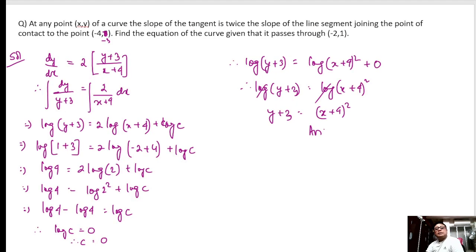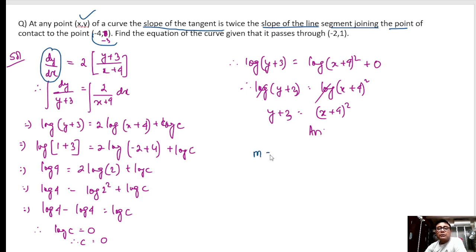So friends, let's see the next sum. At any point of the curve, the slope of the tangent, that is dy by dx, is twice the slope of the line joining the points this and this. So what is the slope of any 2 points?